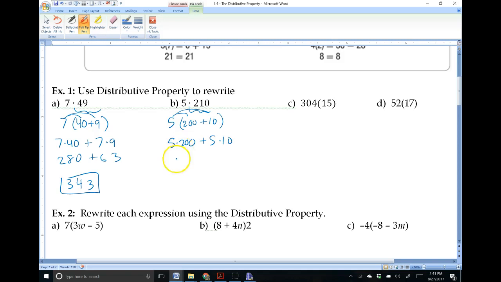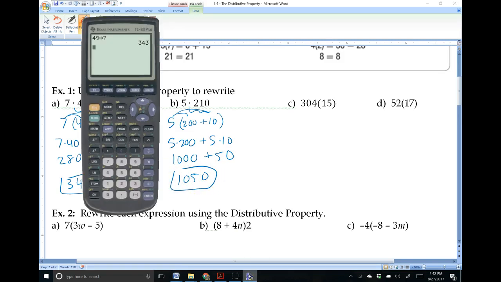So 5 times 200 is 1,000, plus 50. So 1,050, okay? And we're just going to quickly check our work here. 210 times 5 is 1,050.